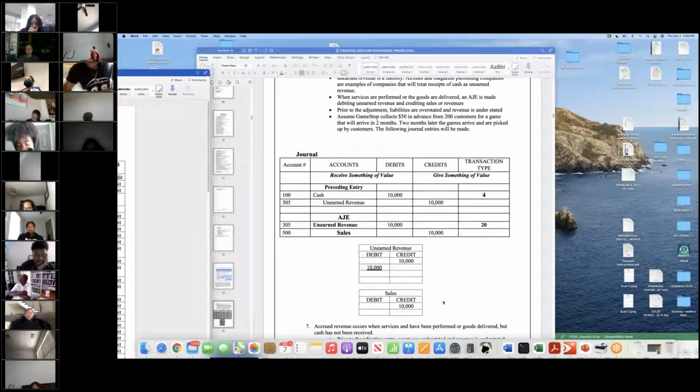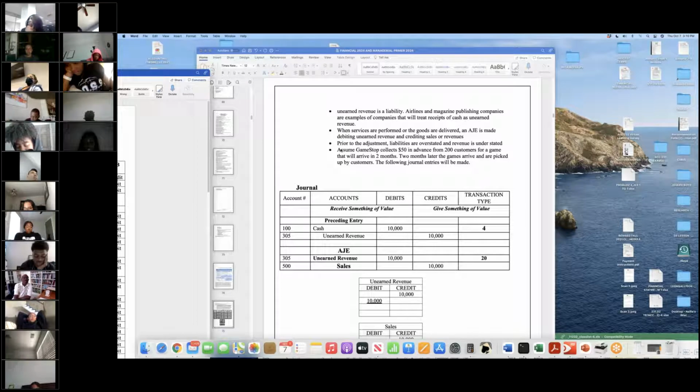Daniel, any questions on that adjusting entry? Sir, how do you know when to make an adjusting journal entry? Like, when do you know exactly when to make one? You will have a paragraph like this.